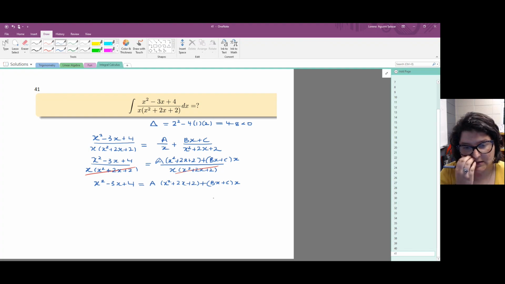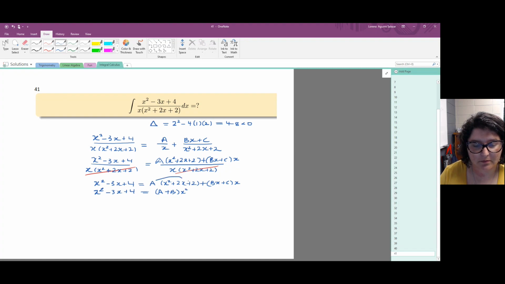We can say that x squared minus 3x plus 4 has to be equal to a times x squared, and then b times x squared, so a plus b times x squared, and then terms with x will be a times 2 and c, so twice a plus c times x, and then the constant term will be 2a.